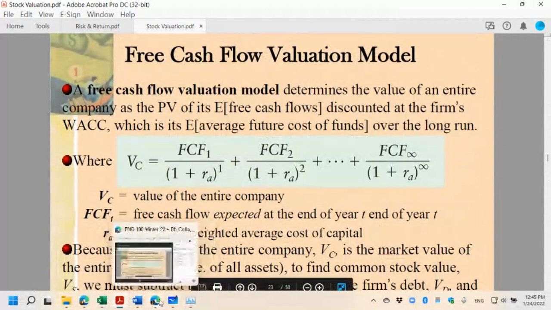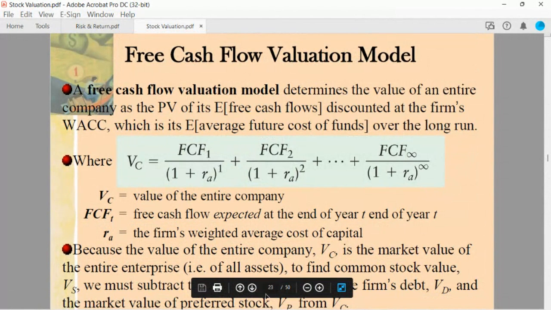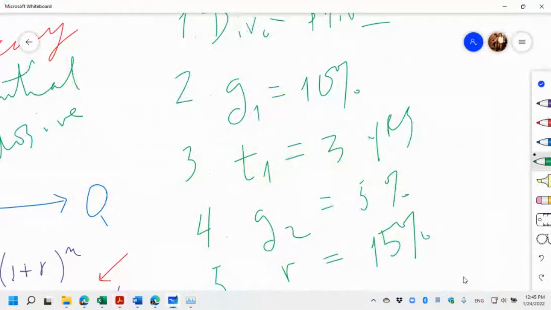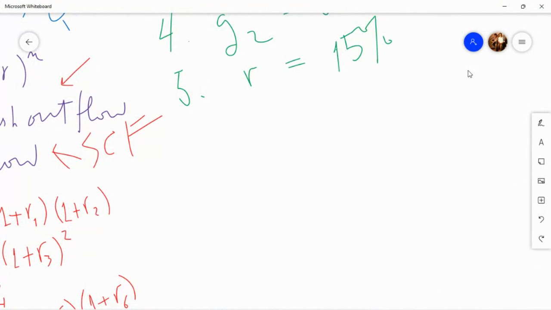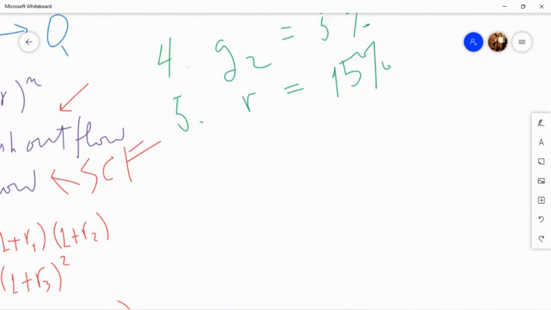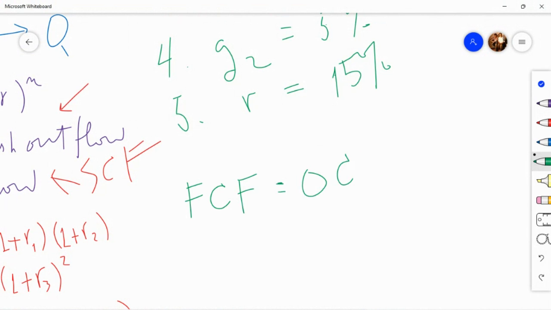So a definition of free cash flow is actually operating, so I will have to open another file. Free cash flow is basically operating cash flow minus investing in operating capital.